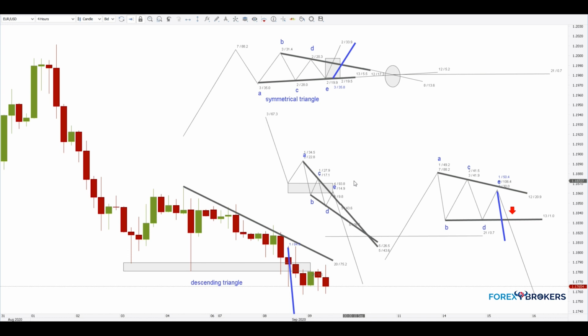So what's the catch, you might say? What's the difference between a running triangle, running contracting triangle, and a normal triangle? Well, the idea is that the measure move of a running triangle is much bigger than the one of a normal triangle. In a running triangle, you still measure the longest segment of the triangle, which is the B wave.